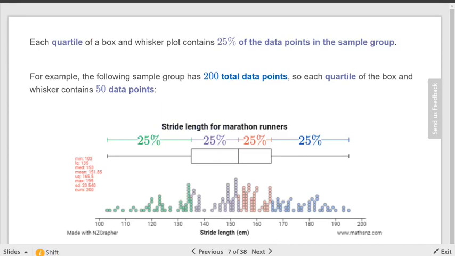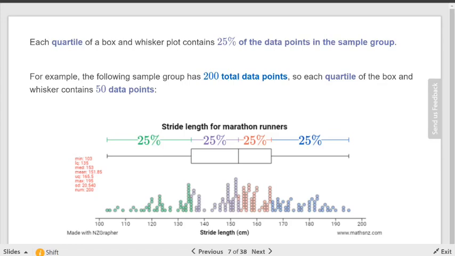This is just reminding you that each one of those boxes represents how much of the data? 25%. So if it was 200 total points, and each one is 25%, that's 200 divided by 4, right? Which means that each one of these represents 50 pieces of data. That's important because for you to make a proper analysis, you need to say 50 of the people in the survey, right?